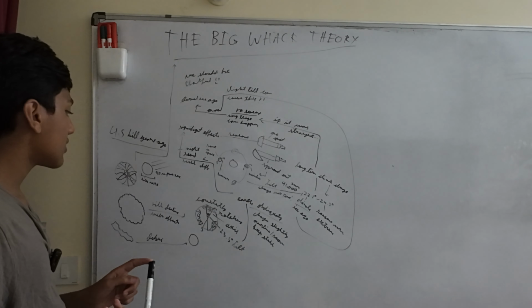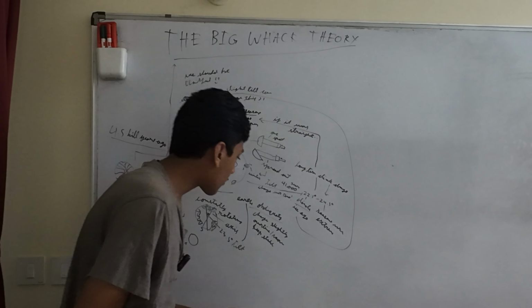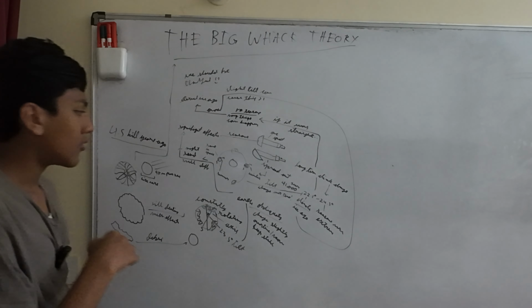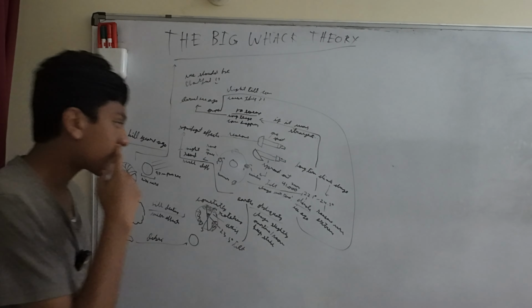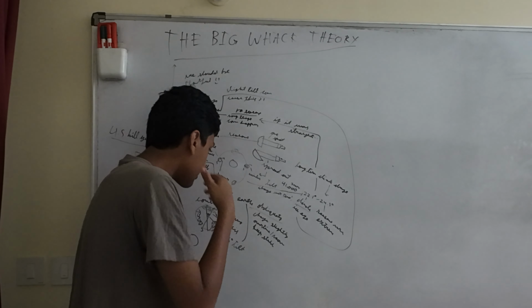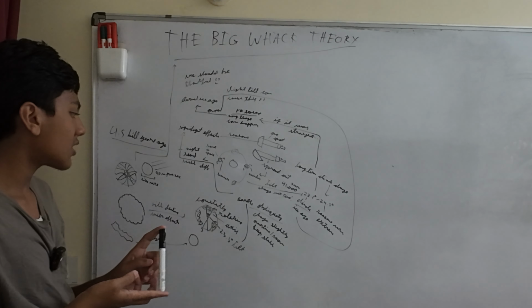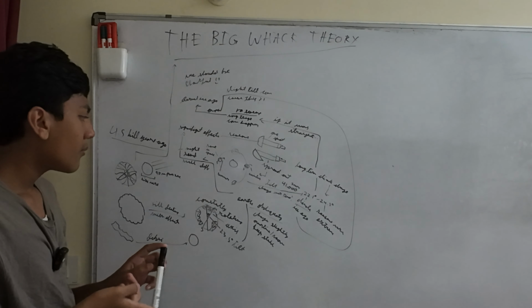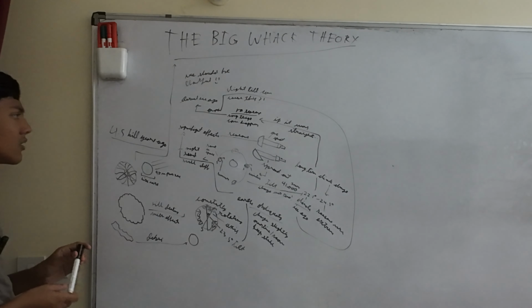Now, this tilt is called the Earth's obliquity, and I can't pronounce it properly, so I'm just going to call it Earth's tilt. And every now and then the tilt slightly changes over time, but the moon mainly keeps it stable.